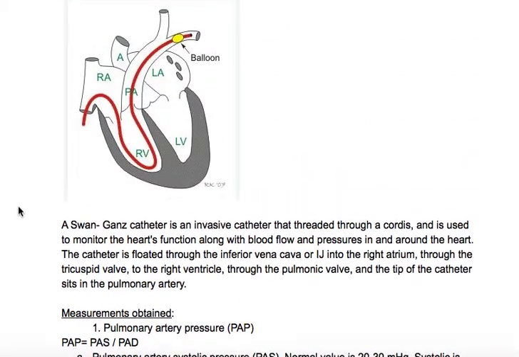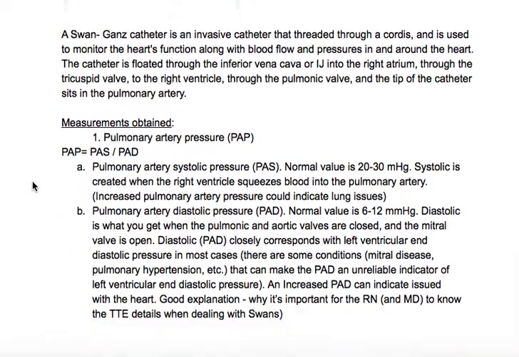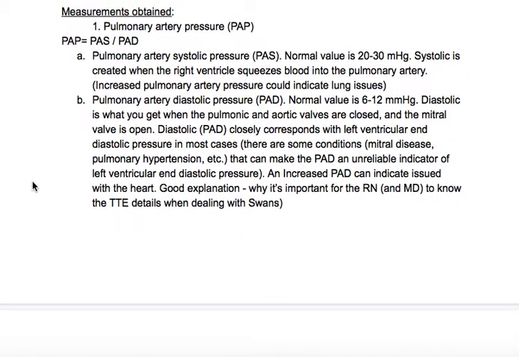So if you look up here again, your pulmonary artery diastolic is your left ventricular end diastolic value. So when the left ventricle is right at the max point of filling at the end of diastole, that is going to be what your PAD, or pulmonary artery diastolic pressure, is. I hope that makes sense.